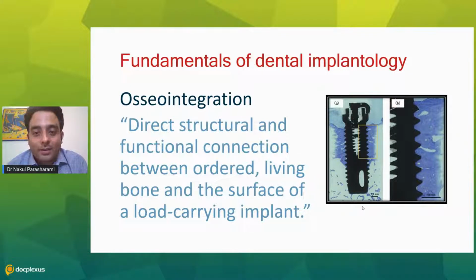Now, if you look at this photo carefully, you will see that in between the threads of this implant, you can see that there is ingrowth of bone. This ingrowth of bone is basically osseointegration. Osseointegration also means that there is no relative movement between the implant and the surrounding bone.